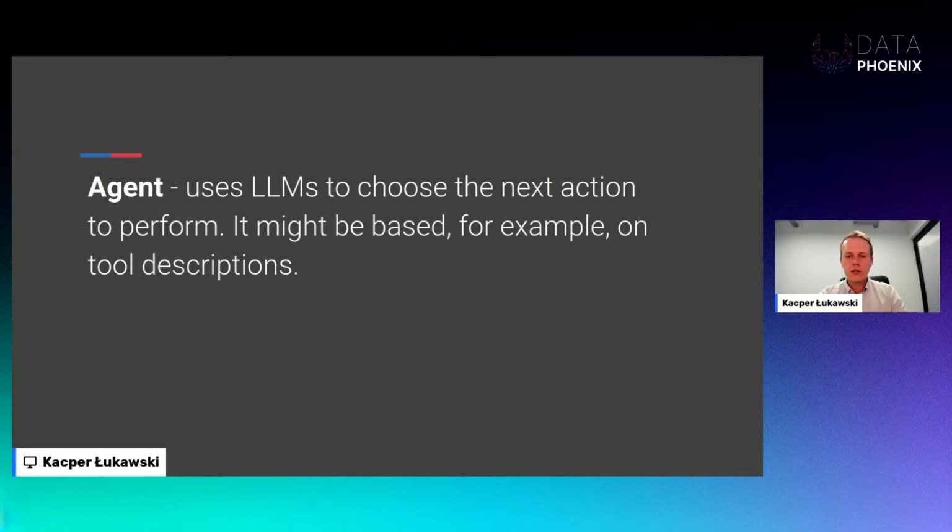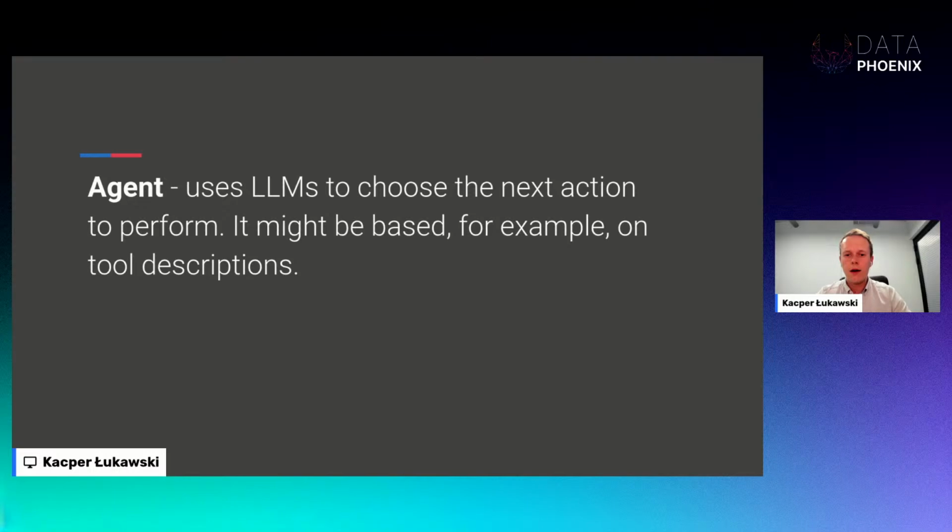So an agent will receive a set of tools with their descriptions included. For example, it will include the tool that allows you to browse the web, use the Google search engine, and another tool, the Amadeus flight search tool, that will allow you to query for flights on a particular date and between cities. So this agent will receive both tools, both objects that allow you to query those services, together with a description of when to use each of those tools.